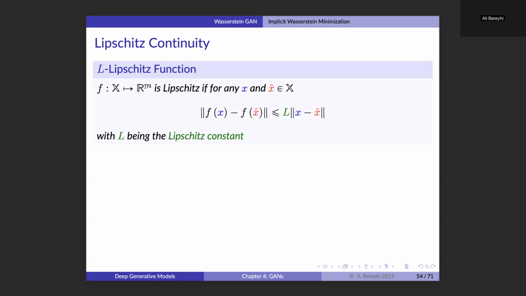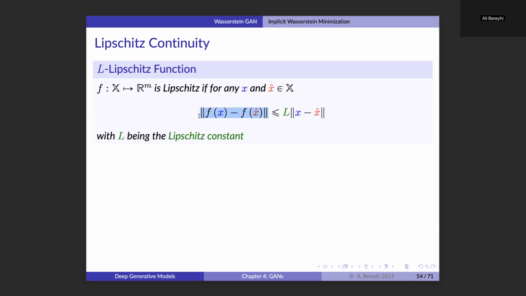I don't care. Now, I'm going to say that this function f is Lipschitz if I have two points x and x hat, say two different samples, two different possible data points. Then I compute the difference between the outputs of the function. So this is the distance between the outputs.